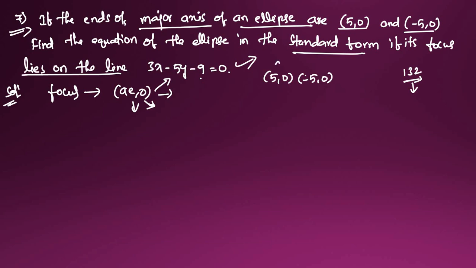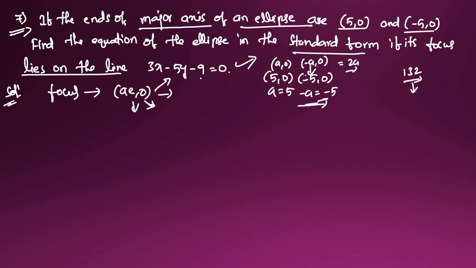So a comma 0 and minus a comma 0, so the distance between these two points will be 2a. Here we have a is equal to 5 and minus a is equal to minus 5.